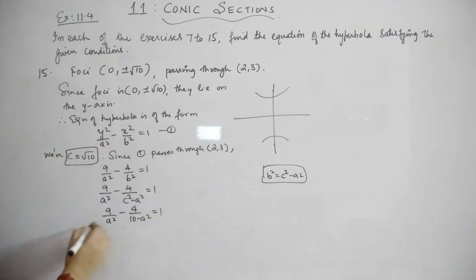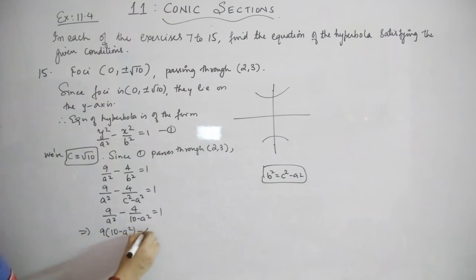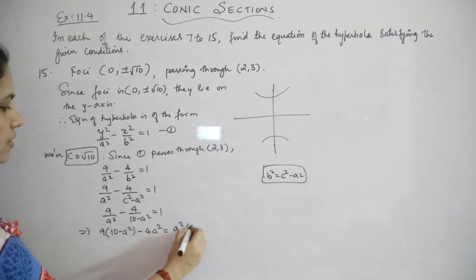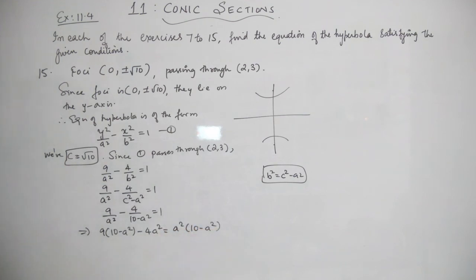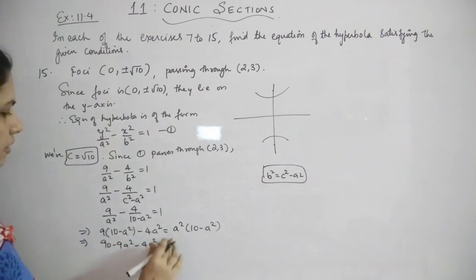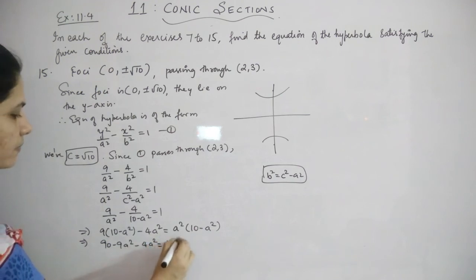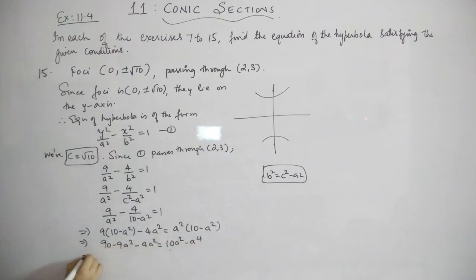Now taking the LCM, that is simplifying, you will get 9 into 10 minus a square minus 4a square is equal to, again this product, it will be the LCM, so you will take it to the other side, that will give you a square into 10 minus a square. Now expanding, you will get 90 minus 9a square minus 4a square is equal to 10a square minus a raised to 4.